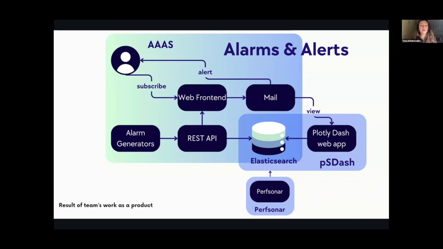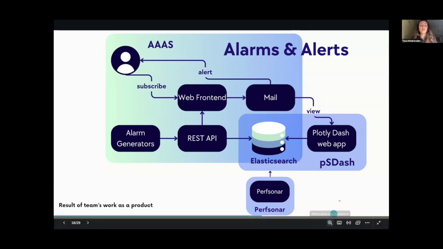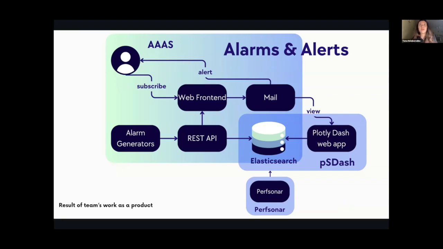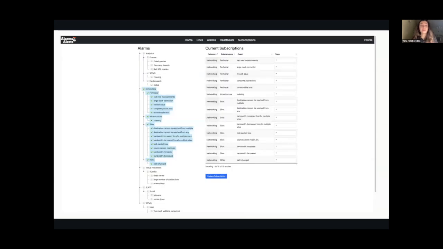You can subscribe to issues you are interested in, and you will get an email if such an issue occurs in the network. You also have the possibility to go further and explore what is going on, and maybe you can somehow influence it. So this is how the system looks.